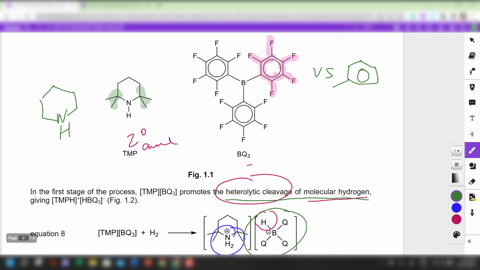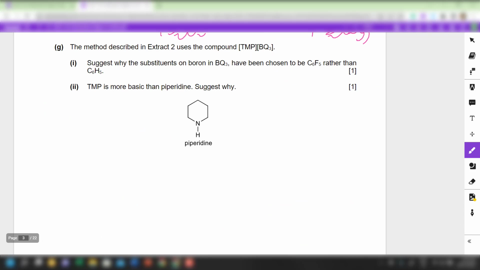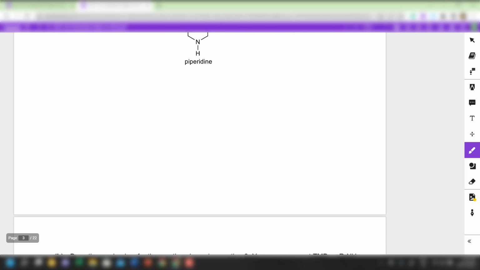The steric demand being imposed, or the steric hindrance for that matter, will actually allow the conjugate acid of TMP to be more stabilized, because it makes it less likely to be deprotonated. That is the main idea you need to be aware of. So with that, I think we have basically answered part G.